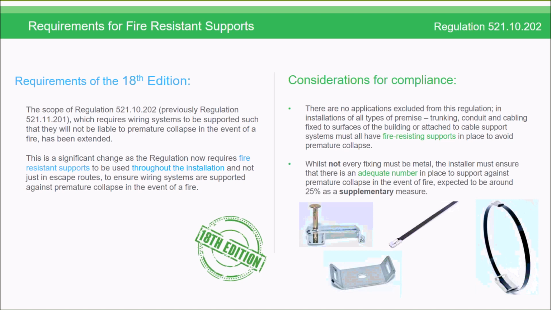A point that we make clear is, whilst not every fixing must be metal or metallic, the installer must ensure that there is an adequate number of these in place to support against the collapse of the wiring system in the event of a fire. And as an expectation, we'd see that probably 25% as a supplementary measure would suit that, and that would stop any premature collapse.